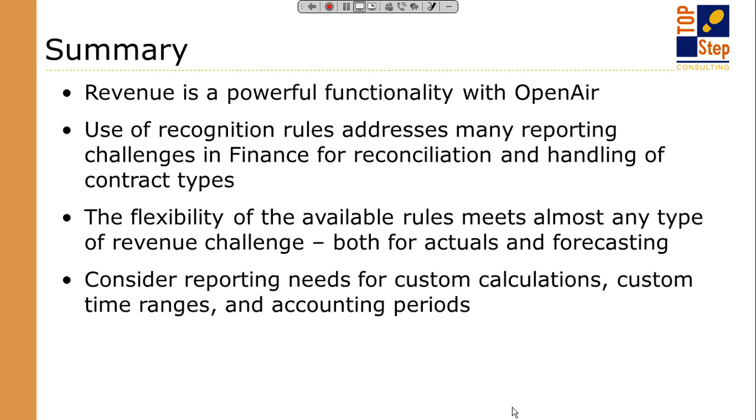There are a lot of different recognition rules. There are ways to deal with fixed price projects very easily, and prepaid projects, and if you have controls versus accounting versus project management, all of that can be considered based on which rules to use when to support your policy.